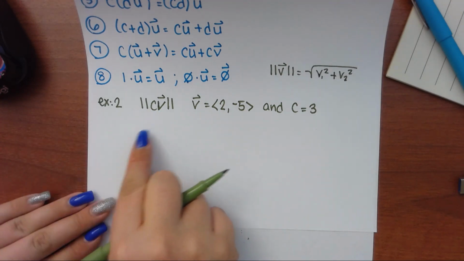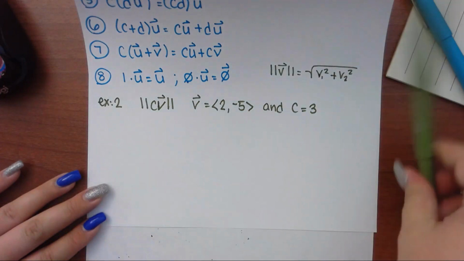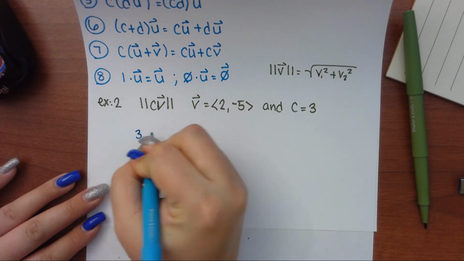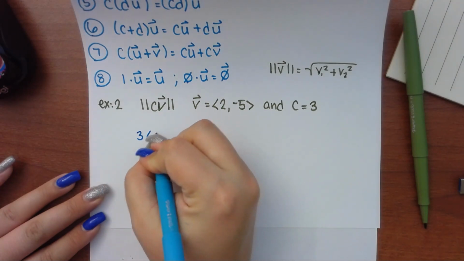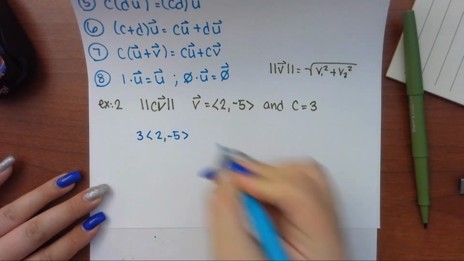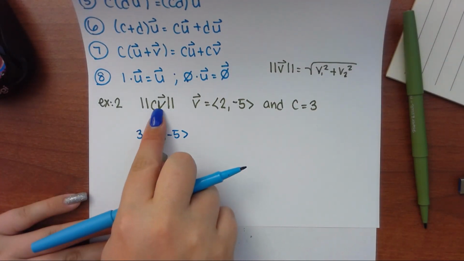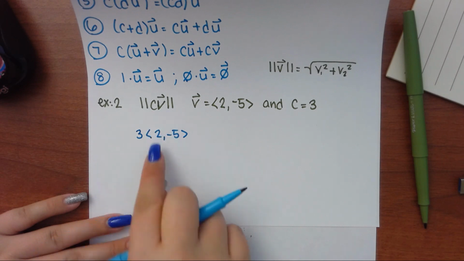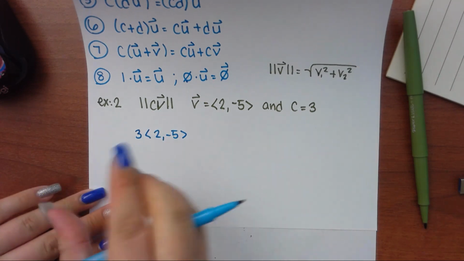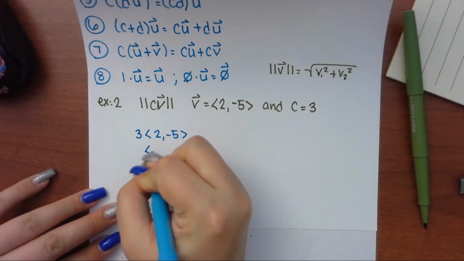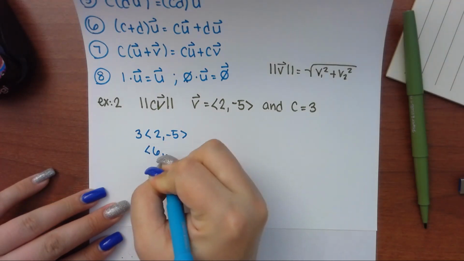The first way is to take the c, which is our constant, 3, and multiply it times vector v, which is 2, -5. So we can literally just say, okay, this is going to be c times vector v, and then we'll take the magnitude after that. So we do it in stages, kind of working from the inside out. 3 times 2 is 6. 3 times -5 is -15.